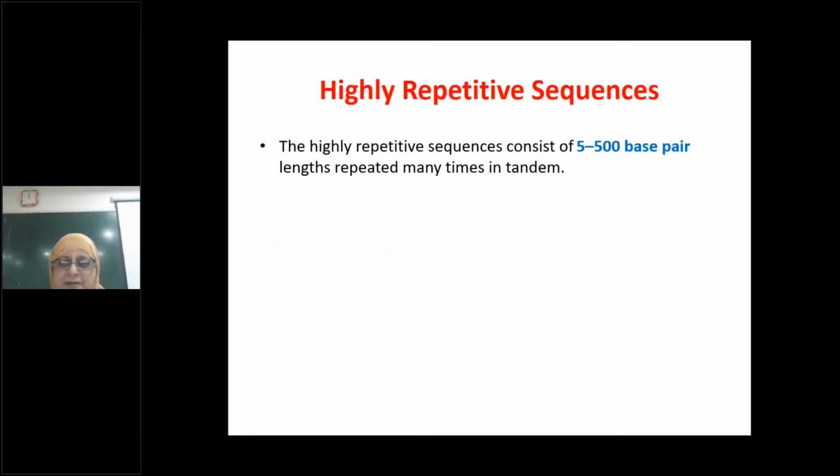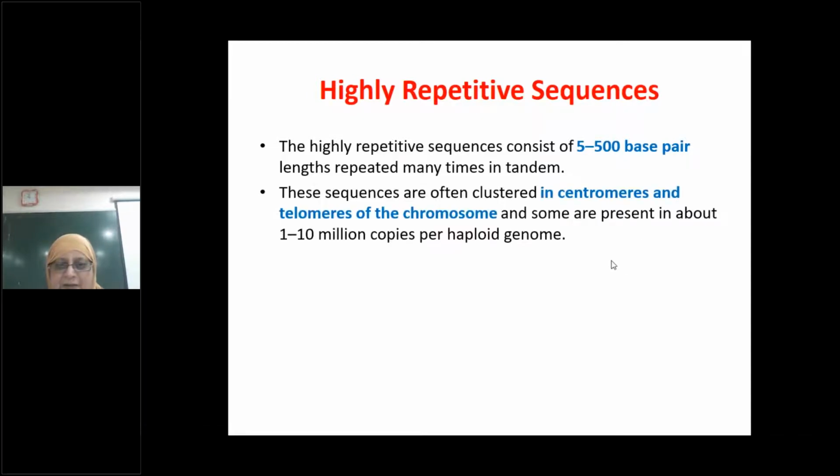The highly repetitive sequences are usually around 6 to 7 base pairs in length, and the repetition is around 50,000. So this highly repetitive sequence consists of 5 to 500 base pairs repeated many times in tandem. These sequences are often clustered in centromeres and telomeres of the chromosome, and some are also present in about 1 to 10 million copies per haploid genome.